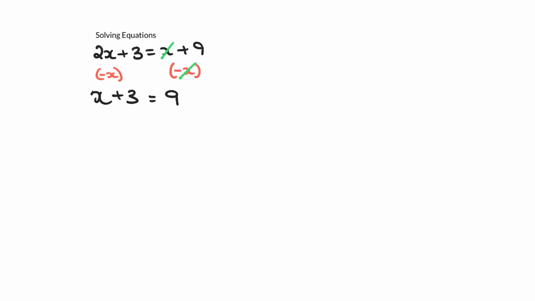And that leaves us with quite a nice equation to solve. We would subtract 3 from both sides. So that plus 3 and the minus 3 cancel. So we have got then that x is equal to 6. So it's just that first step where we're bringing the x's together that's going to be different, okay?